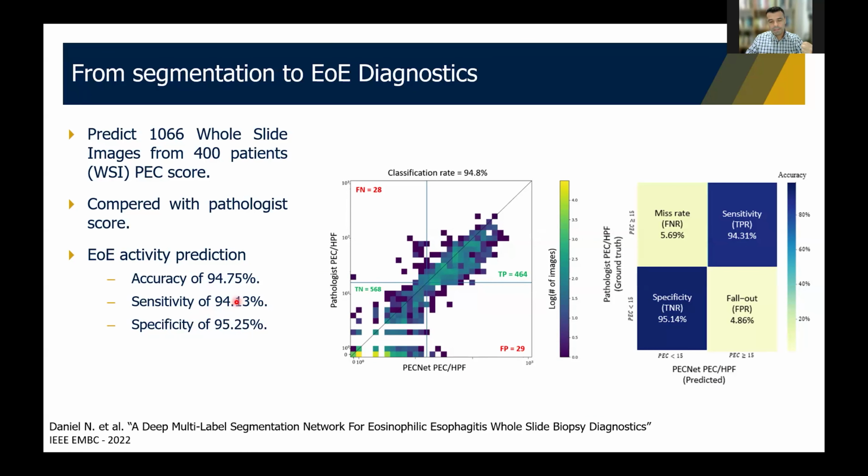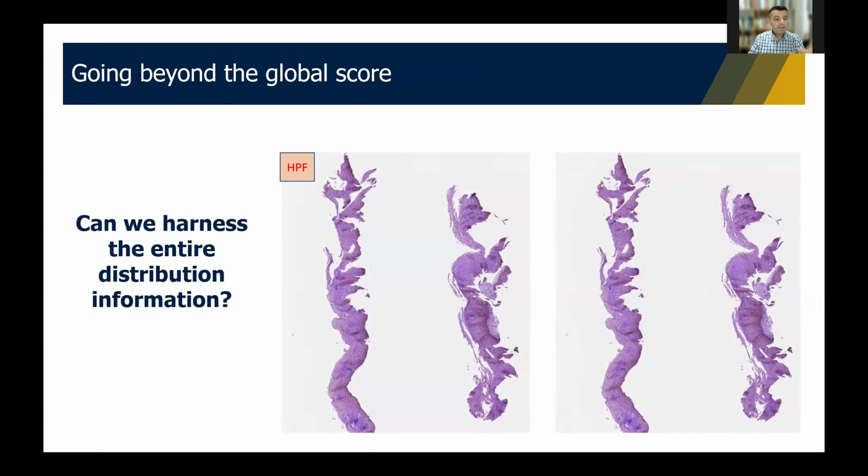Okay, and these are very good results. And these days we are deploying it to real-life challenges in the hospitals themselves. And I hope that in the next year or two, it will be a tool that pathologists could use around the world. And so that's very nice.